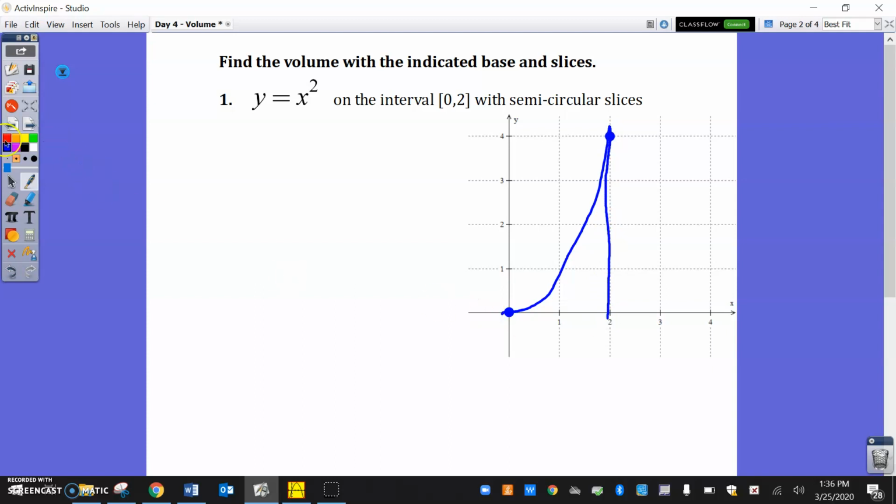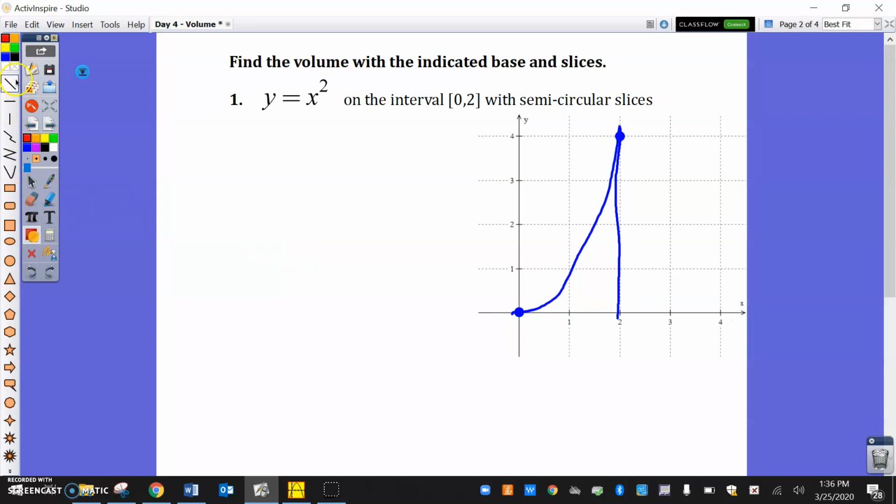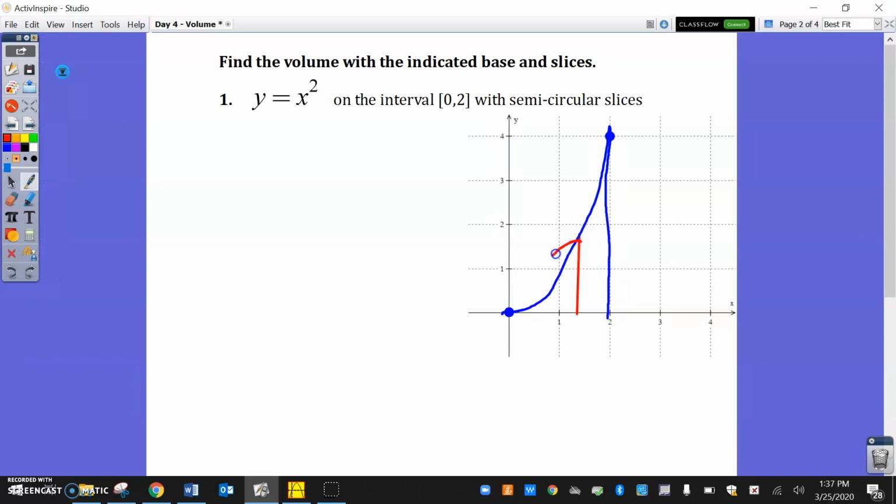Then I'm going to draw just one of my semicircle slices. Let me try to make that a little better. And again, I just draw it somewhere in the middle. So there's the bottom of the semicircle. If I look at the radius of this, that's going to be from here down to the x-axis.